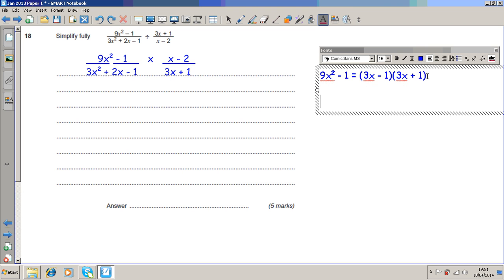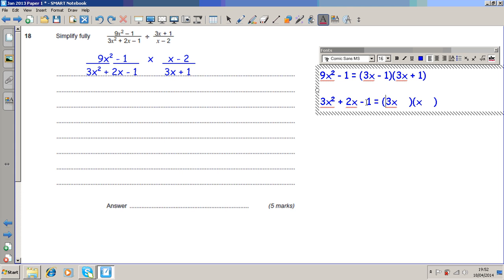So I've got that. That should be fine. And now I've got to do the other one. So 3x squared plus 2x minus 1. Same thing. Going to put this into double brackets. We're going to have 3x and x there to get the 3x squared.